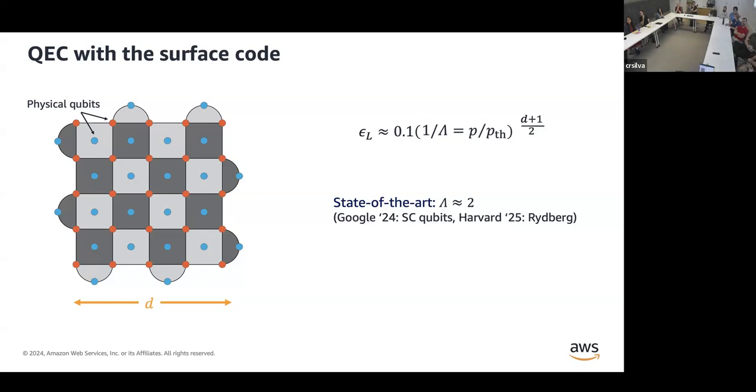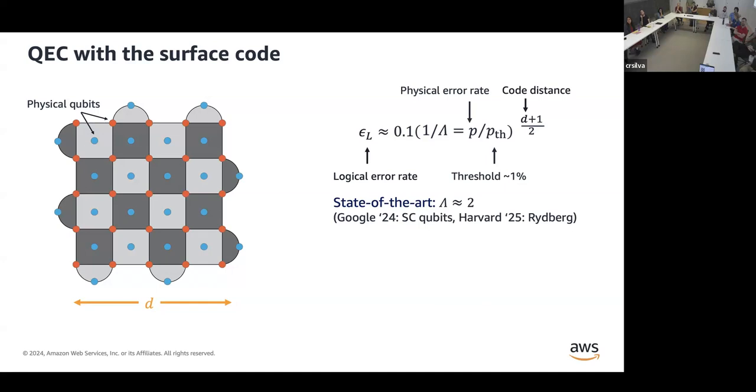And you can estimate how good a memory this is. You can run some simulations, put in some error model, and you end up with this expression for the logical error rate. This denotes the error rate of the logical qubit that we encode using the distance d surface code. The 1/lambda parameter in the simplified error model is given by the physical error rate.